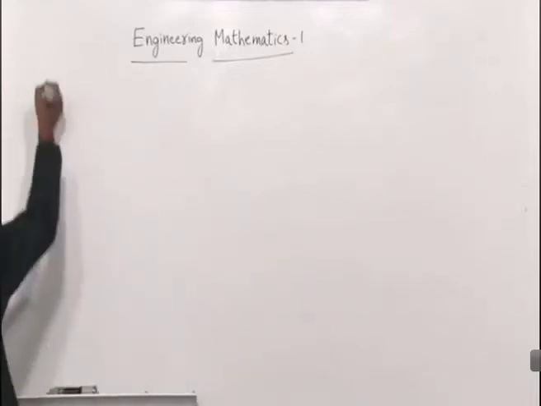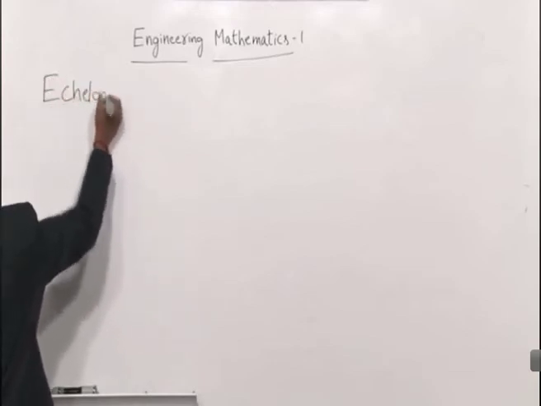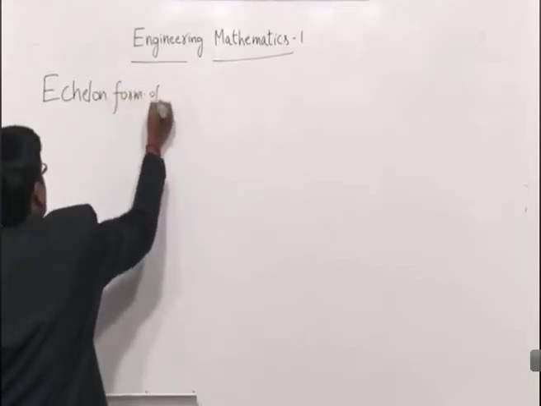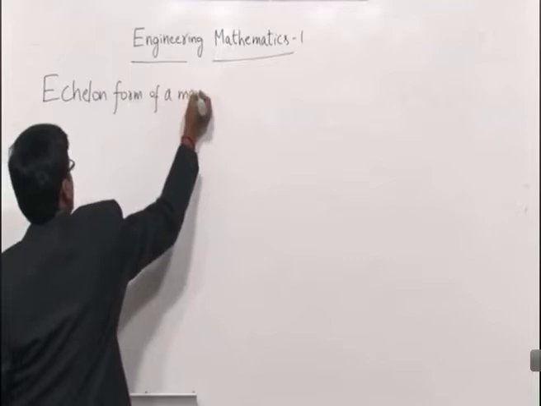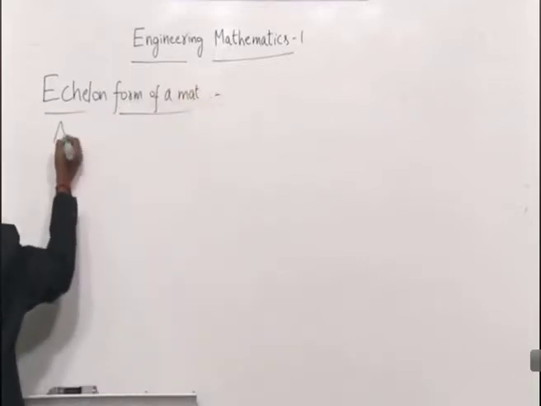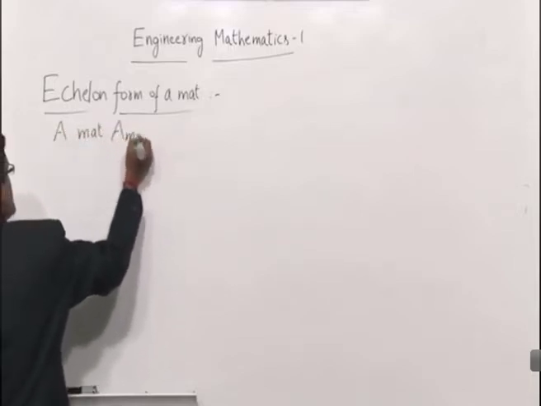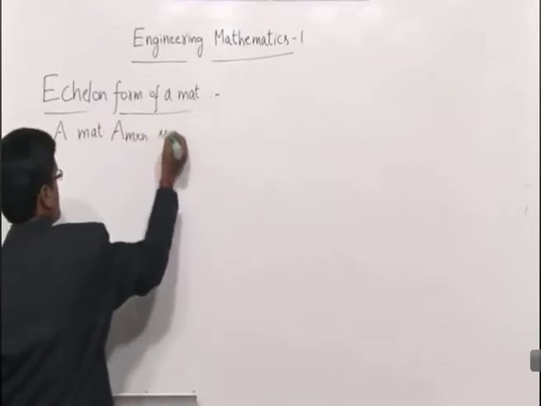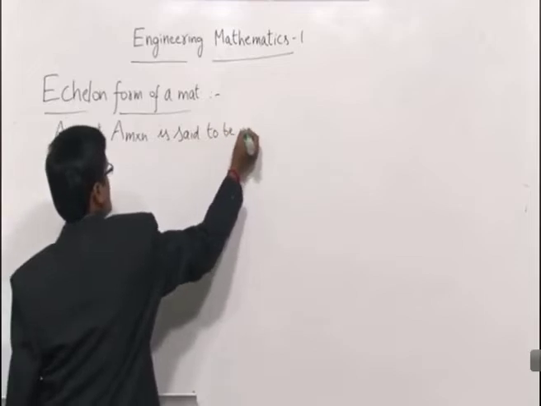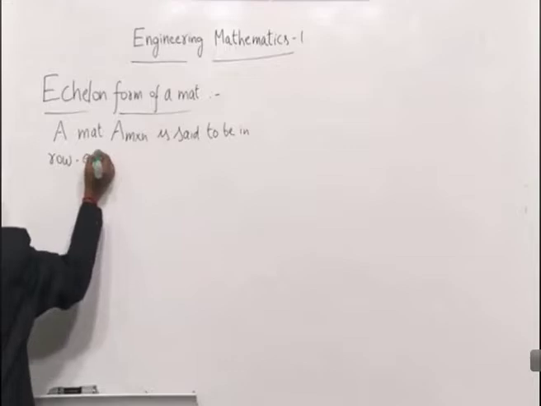That is called the echelon form of a matrix. A matrix A of size m cross n is said to be in row echelon form.